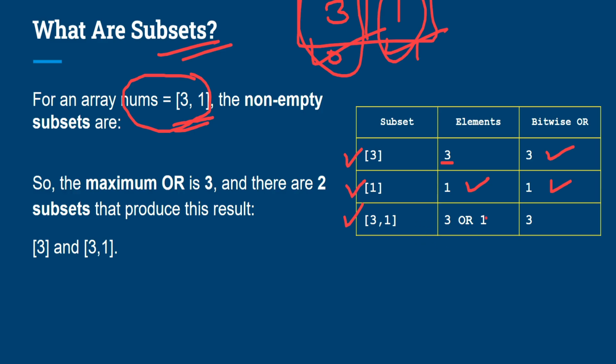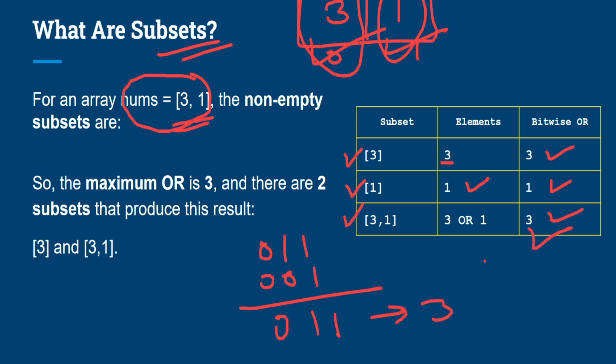With 3 OR 1, we have already seen we get 3: 0 1 1 and 0 0 1 gives 0 1 1, which is 3.